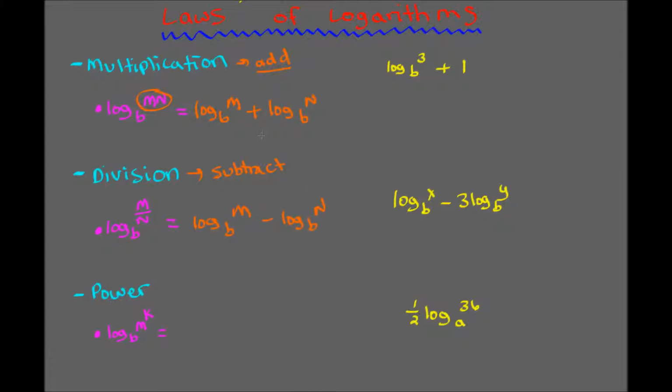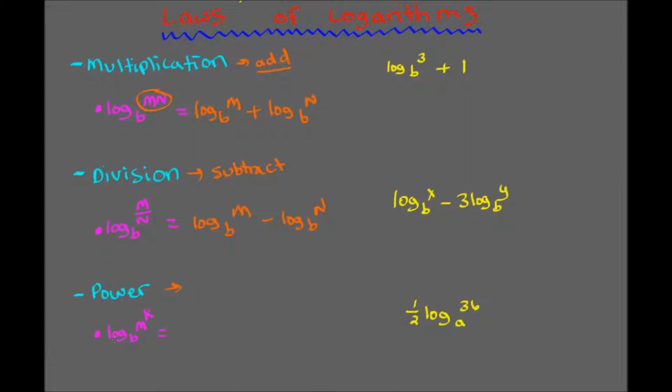One thing I forgot to mention is that if you have two separate logs like this that have the same base, and remember you always have to check that they have the same base, you can always convert it back to the simplified version, which is log base b of m times n.